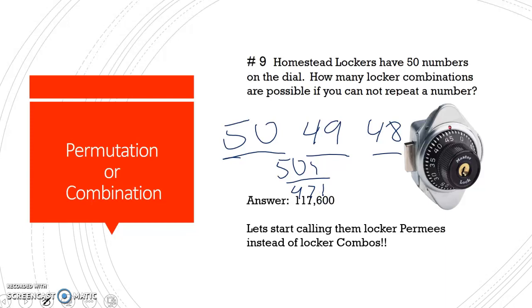Or I could just take a permutation of 50. I'm doing that on my calculator right now, but I messed it up. Let me start over here. A permutation of 50, where I'm picking 4.